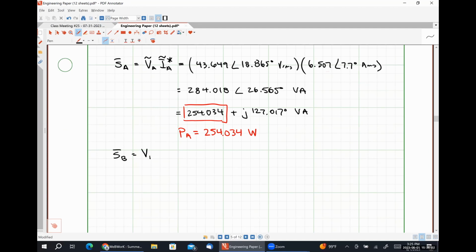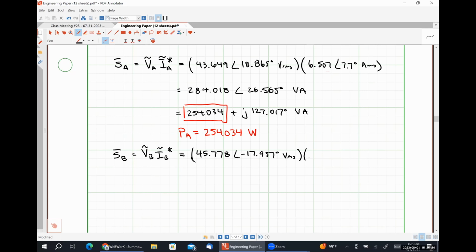So SB is going to be VB times IB conjugate. VB was 45.778 with an angle of negative 17.957 degrees, volts RMS.